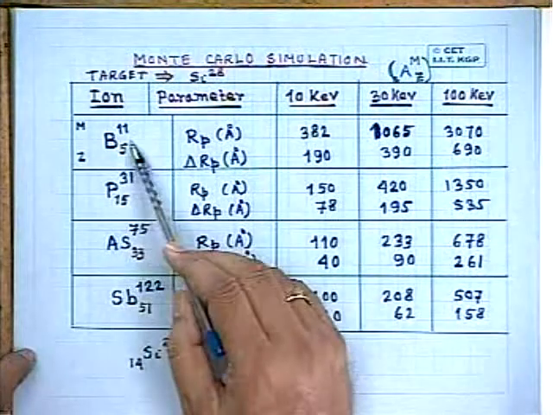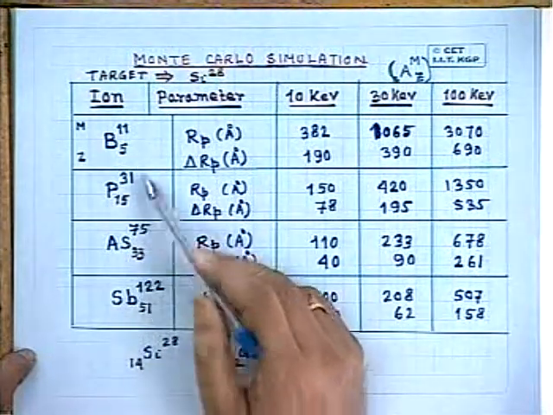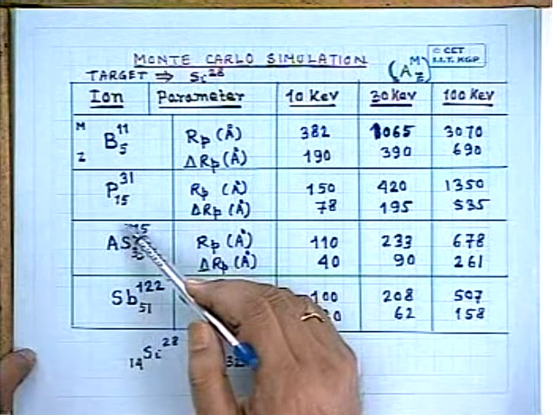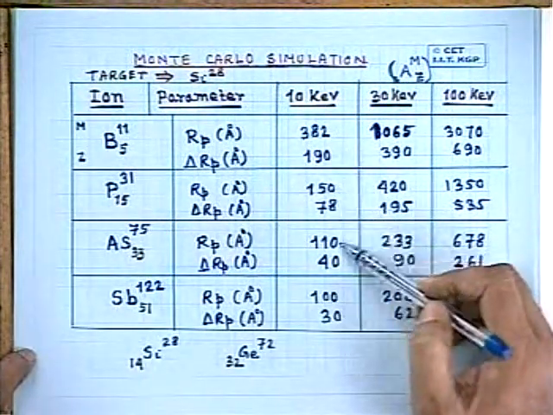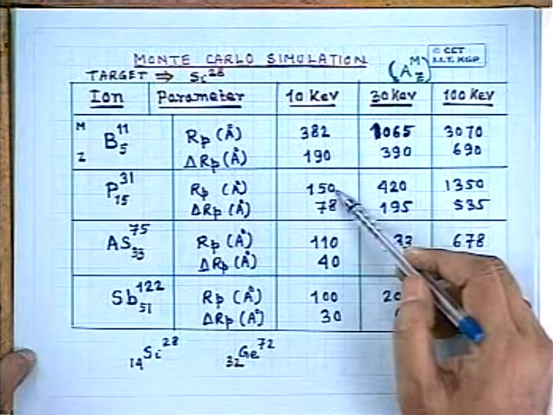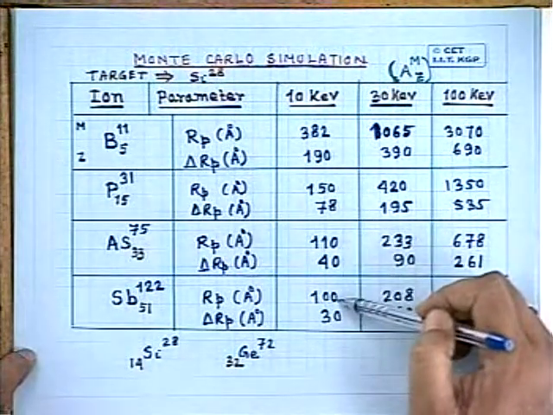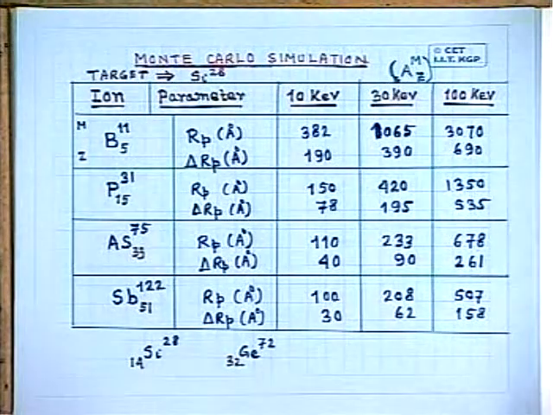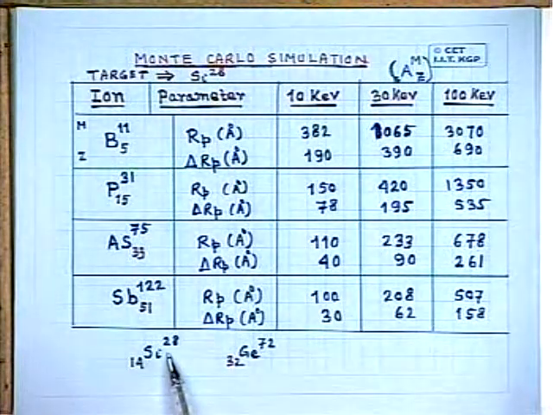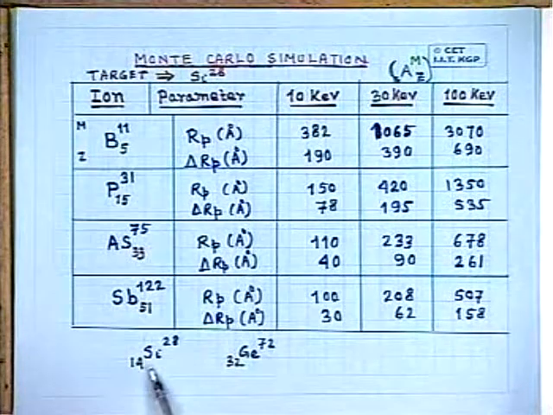And if you increase the mass of the impurity ion, then obviously the Rp value reduces, say 82 angstrom to 150 to 110 to 100. The target atom is silicon, or if you use germanium, the mass number of silicon is 28 and its atomic number is 14.